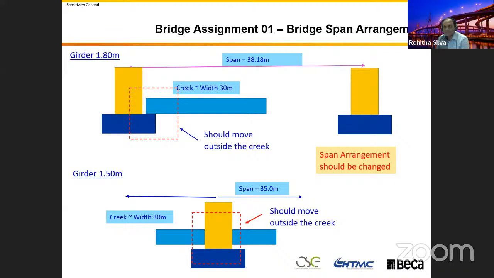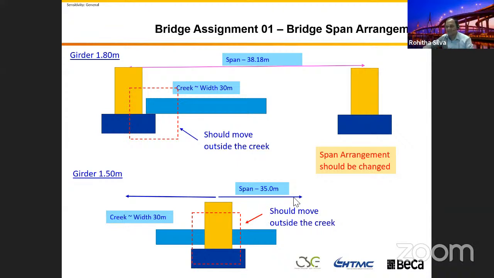You can see the 38.1 meter, 1.38 meter, 1.8 meter deep girder, you have flexibility to ship the whole thing. There's a big gap in here. You can ship this one here. But this one, shipping half a span is not that easy. Then the concept has to be, this one needs to be built aside.